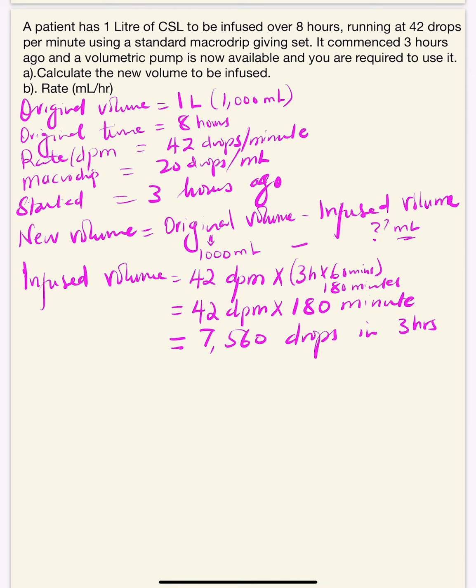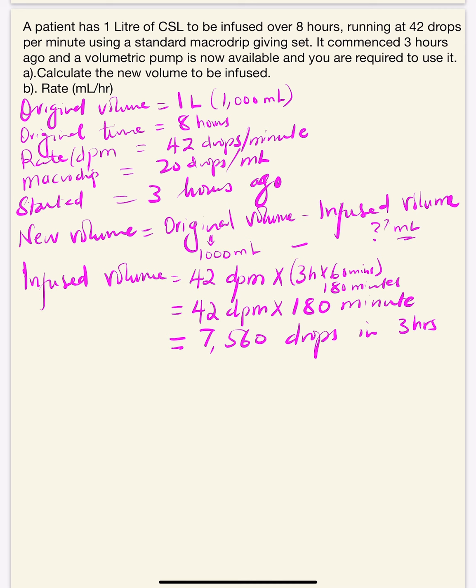Why are these 3 hours a concern? It's because it was commenced 3 hours ago. If they started 3 hours ago, that means you've infused for those 3 hours. Now, remember, we have the drops, but we are looking for the milliliters. How can we convert this into milliliters?